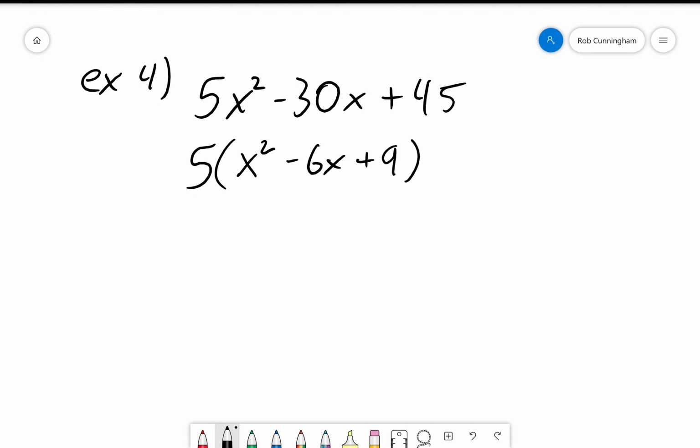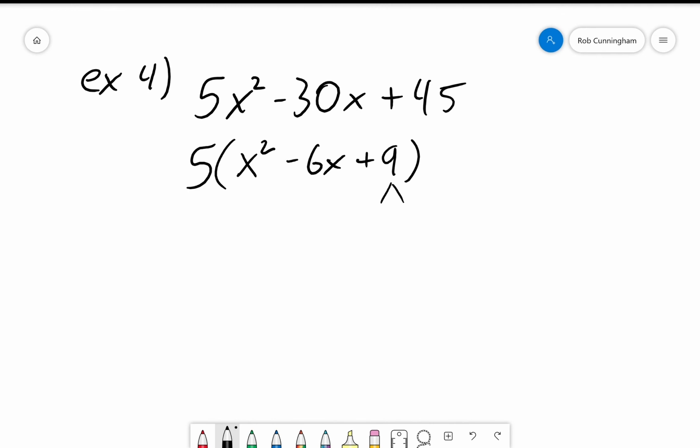Now some of you might at this point already recognize this trinomial. We've been doing enough of this that you can probably recognize this right away. But for those of us who don't have that already, what we need are 2 numbers that multiply to make positive 9 and add to make -6.